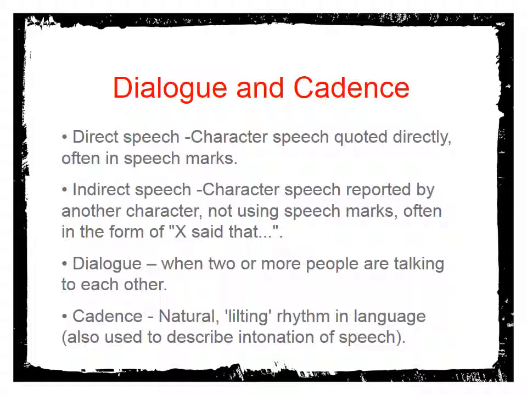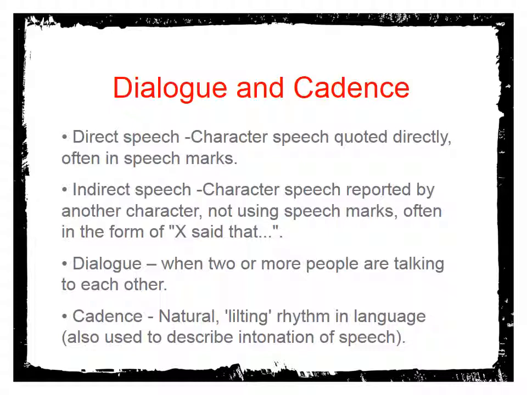When we're talking about people speaking to each other directly, it's called direct speech. It's usually contained in quotation marks or speech marks, where the characters are quoted directly. What has come out of their mouth is on the page.